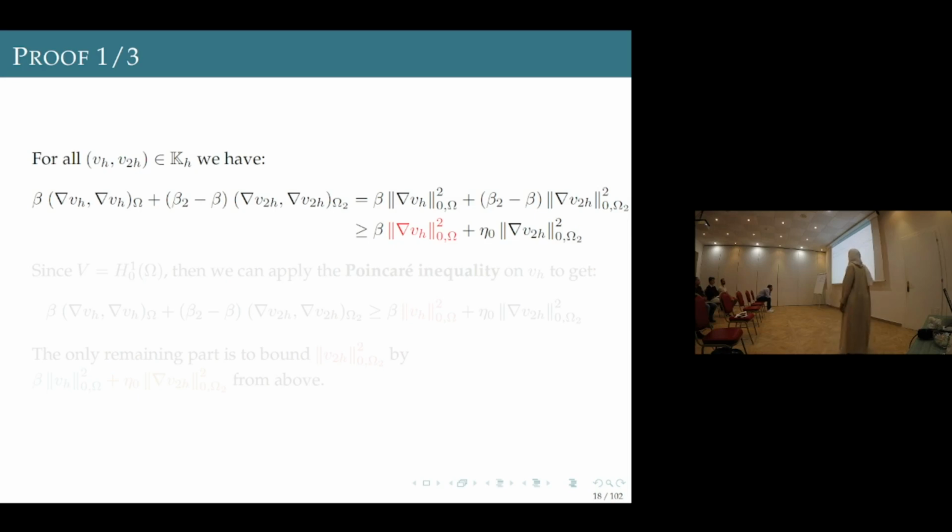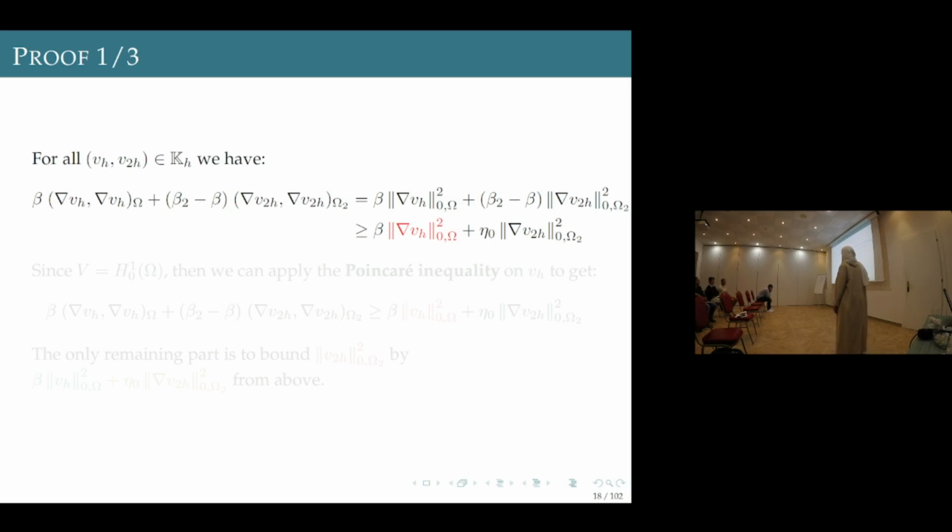So again, we start with the left-hand side in here. However, here we cannot use the fact that omega is the union of omega 1 and omega 2, because this is not useful in here: even though VH and V2H belong to the kernel, they're not exactly equal, they're just almost equal, so there is nothing to cancel in here, so I'm not going to use that. Instead, here comes the constraint.